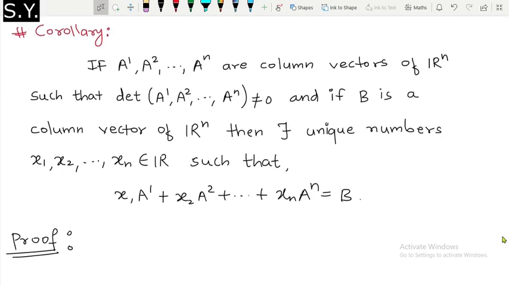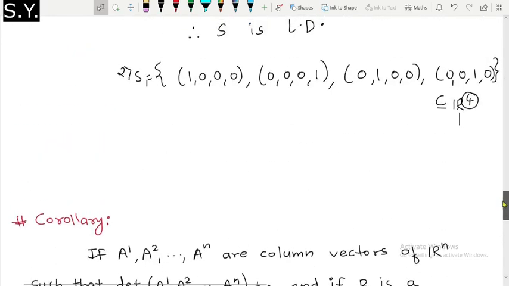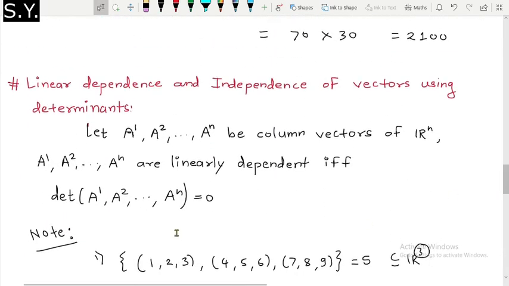Now immediately we will move towards the next corollary, whose proof we are going to discuss. The corollary says: if a1, a2 up to an are column vectors of R^n such that the determinant is non-zero, then the previous result can be used. What is the previous result saying? If the determinant is 0, then these column vectors are linearly dependent.